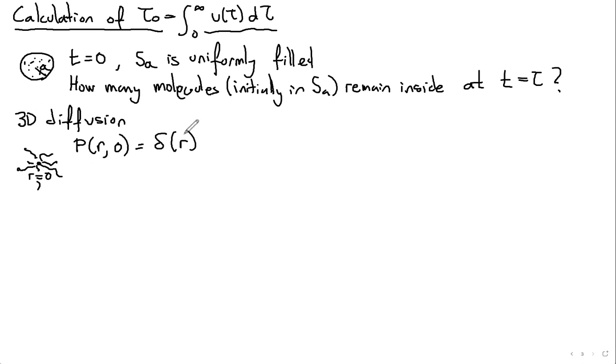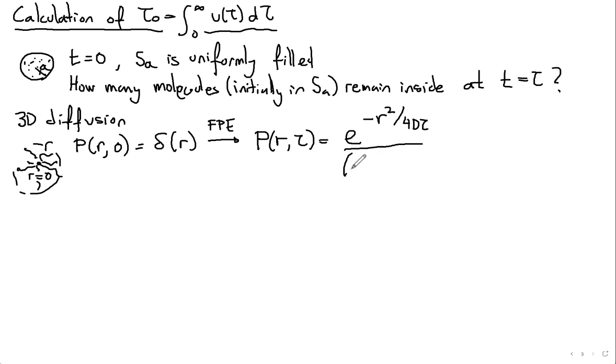So from the Fokker-Planck equation, if you solve it, you will get that the density of molecules at any r at time tau is a Gaussian: e to the minus r squared over 4 D tau, divided by (4 pi D tau) to the power 3/2.